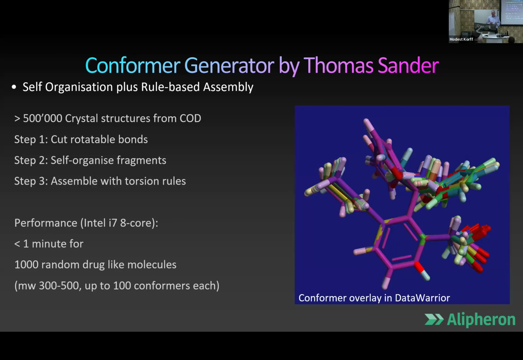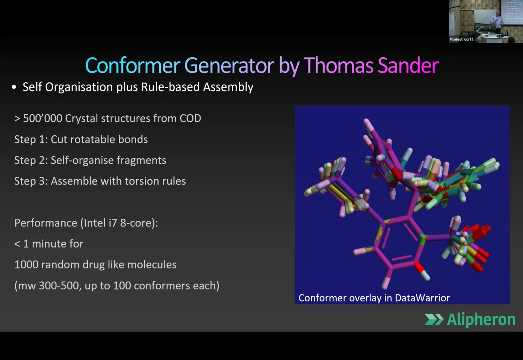Searching in 3D with molecules means you need a conformer generator. We are using the conformer generator by Thomas Sander, which was, I tell it here, derived with 500,000 crystal structures from the COD, sorry, for legal reasons. And the algorithm takes a molecule, cuts all rotatable bonds.